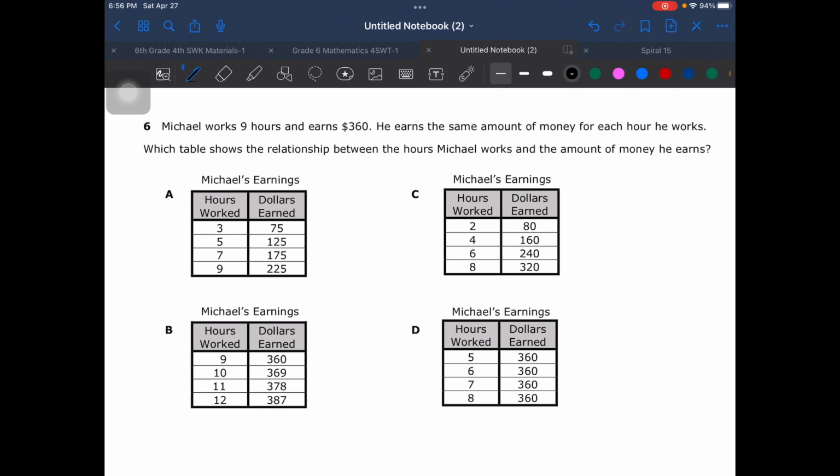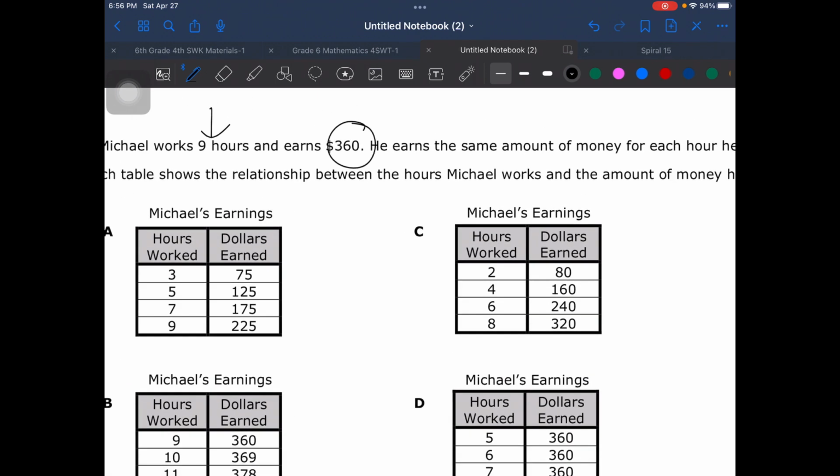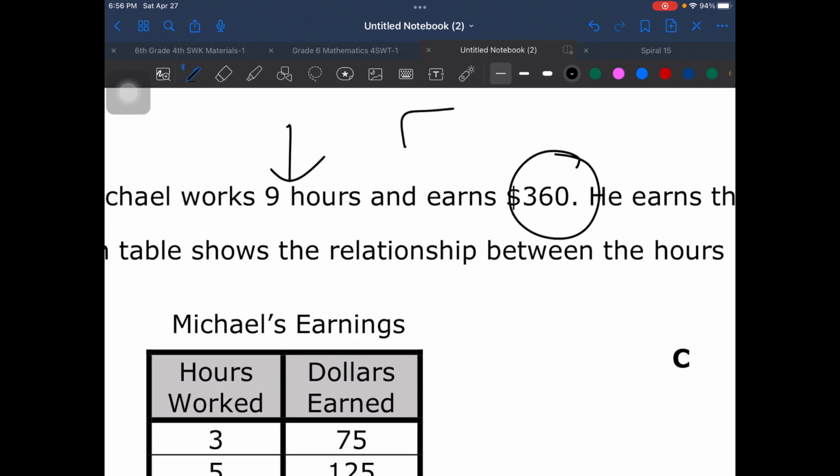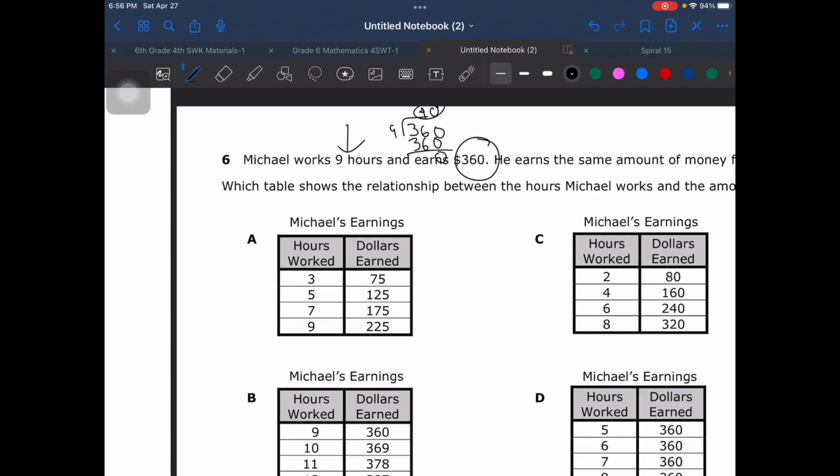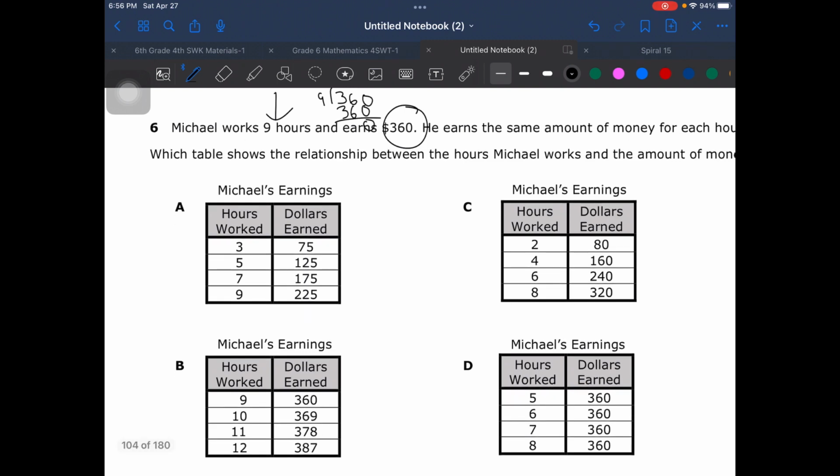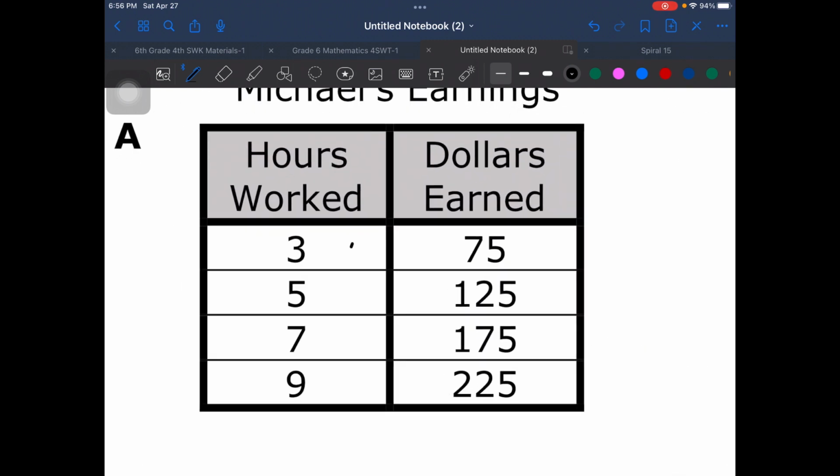Number 6. Michael works 9 hours and earns $360. If you know your math, when you divide, you should get 40. Ahí está. So, times 40 per hour work.